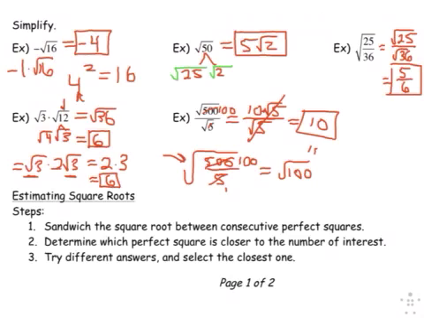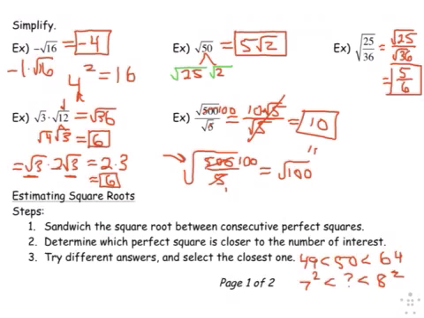Moving on to the next section, estimating square roots. This is just a trial and error game, but to put you in the right ballpark, you want to find two perfect square roots that sandwich the one you're trying to approximate. And then ask which one is going to be closer. So if I'm trying to approximate the number 50, that is between the perfect squares 49, or 7 squared, and 8 squared, which is 64.